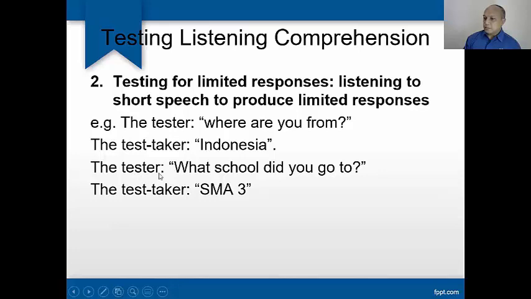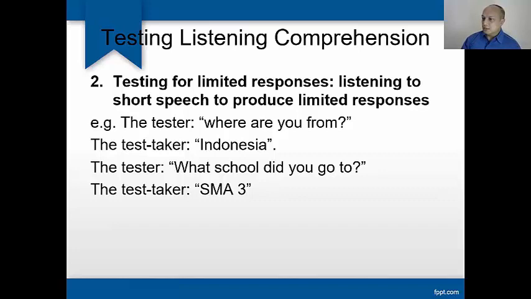The next item, the tester might ask, "What school did you go to?" And then the test taker answers, "SMA 3." That's the school where they went to when they were in the senior high school.